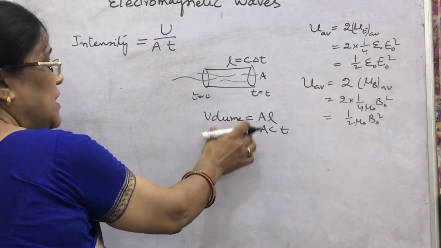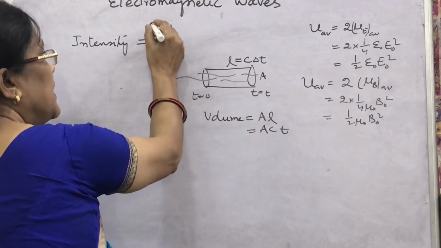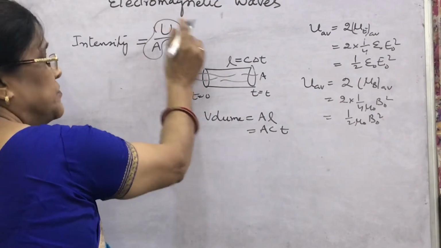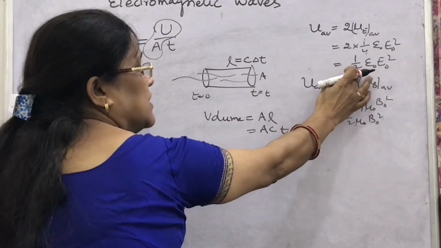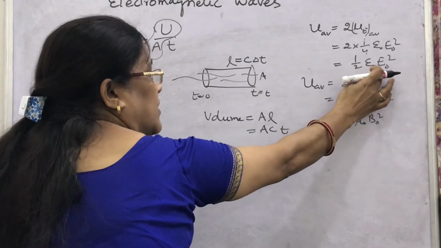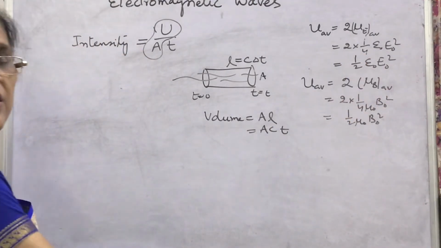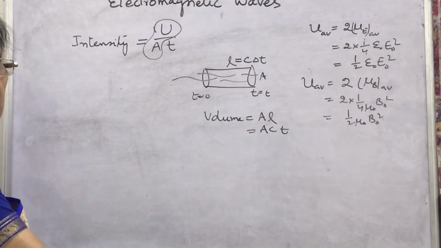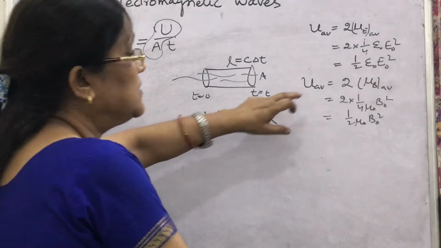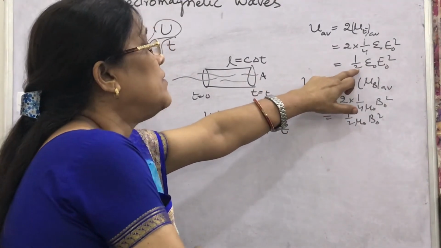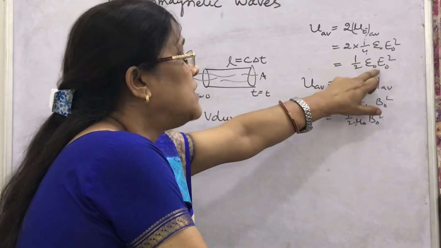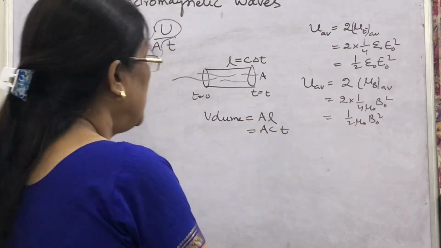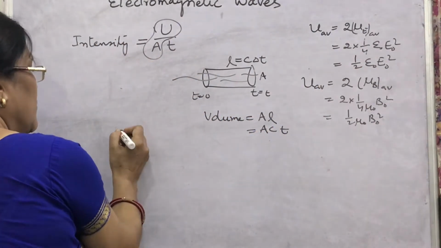If you see that energy per unit area for the EM waves, we have calculated how much? This is half epsilon naught E naught square, the energy density. Then energy density of EM wave is half epsilon naught E naught square. If you put here, then what can you write?